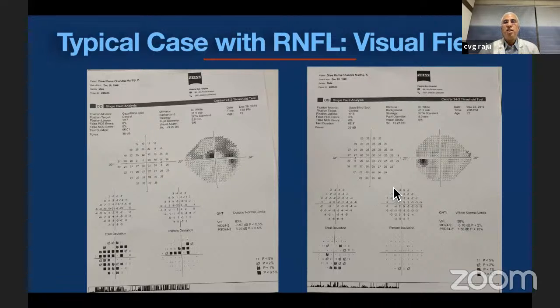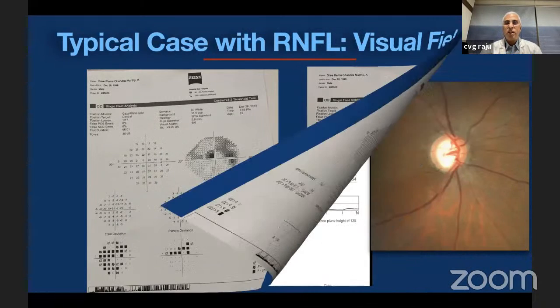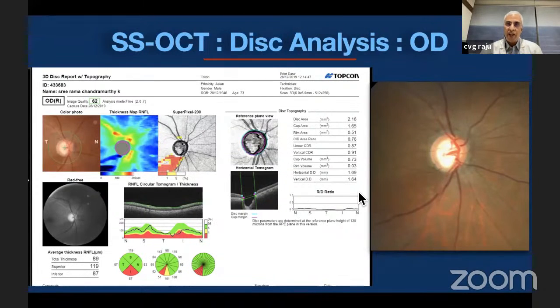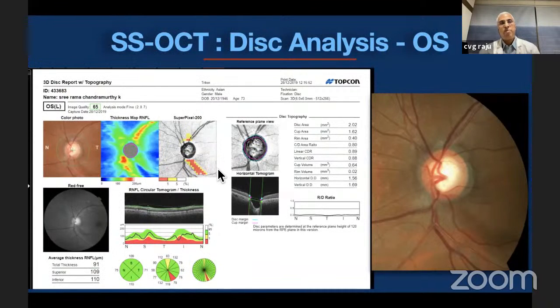Whereas in the left eye, the field damage was not that much. In the retinal ganglion cells, the damage may still be less than 30 to 40%. That's why we cannot pick up these changes in the visual fields. But if you have the OCT in hand, then in the right eye, the optic disc analysis corresponds with our clinical finding, and then that is the RNFL defect.